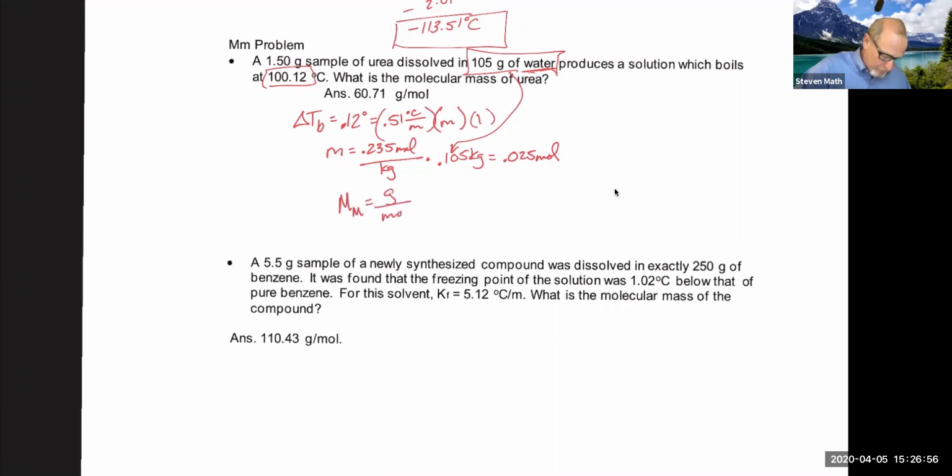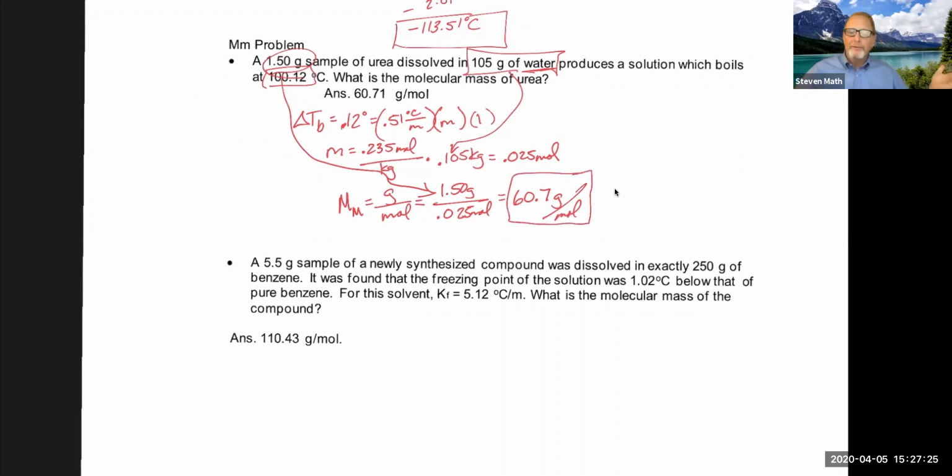Now remember, at the beginning of the problem, we were asked for molar mass, grams per mole. Well, they gave us in the problem 1.50 grams in 0.025 moles. And if I let Texas Instruments lift that, I get 60.7 grams per mole.